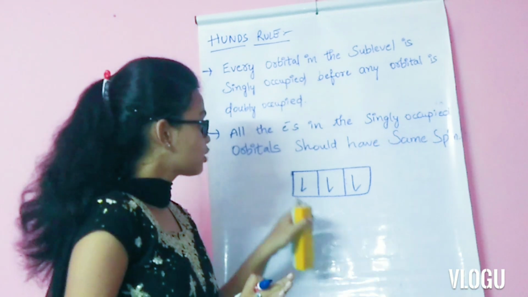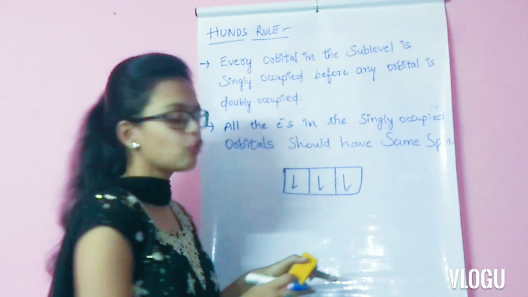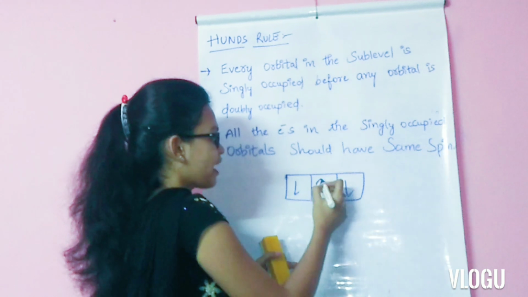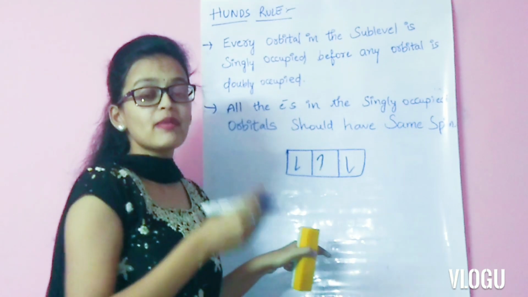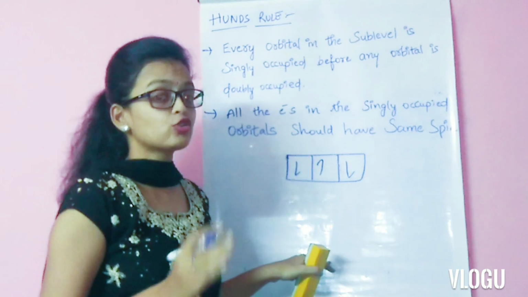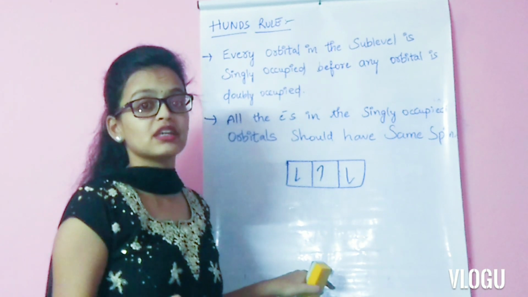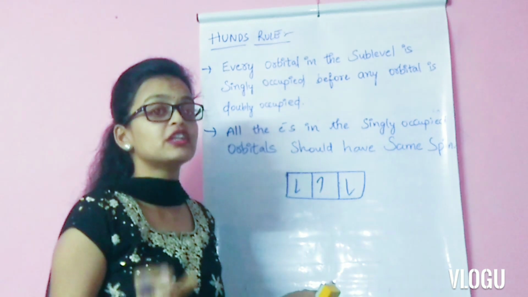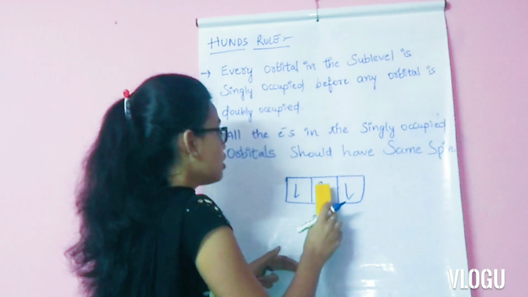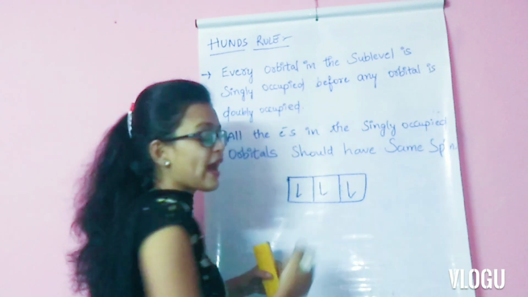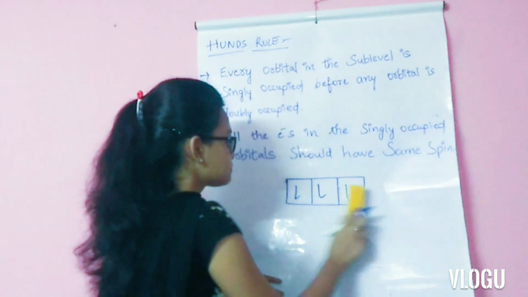Do not write one electron in the backward and one electron in the forward spin. If you write like this, the arrangement would go wrong, because minimization of the spin occurs. That could not occur, because an atom should be stable and maximization of the spin is the main criterion for the stability of an atom. So all the electrons should possess either the backward spin or the forward spin.